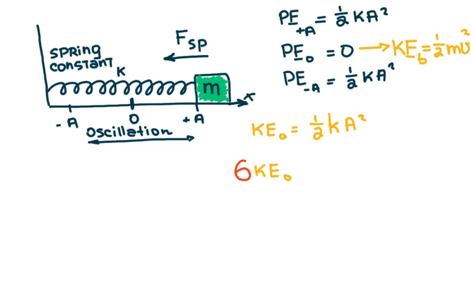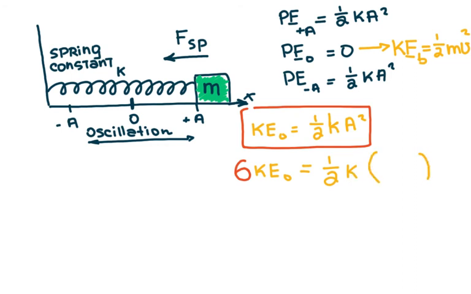So I cannot change K, because K is the spring. So how far away from the equilibrium should I stretch my spring with the block in order to give the block 6 times the kinetic energy it had before, when I only stretched to the distance A away from the equilibrium? That would be equal to, again, 1/2 K, and then I have to think, what do I square to get that 6?